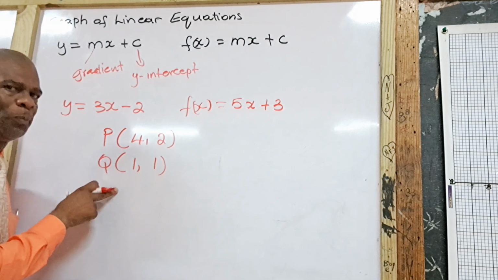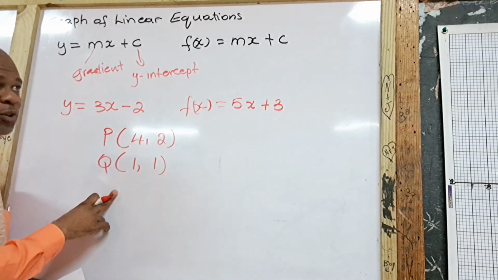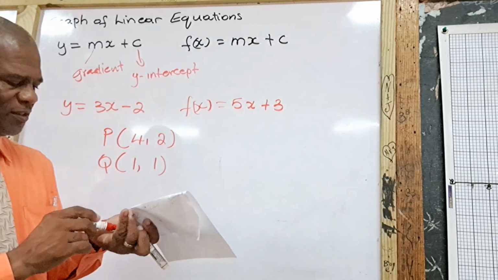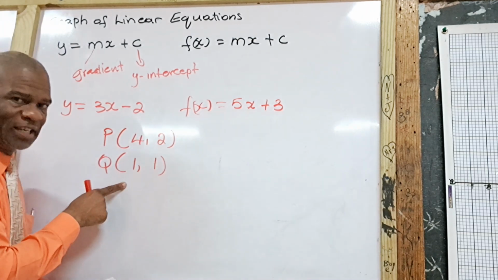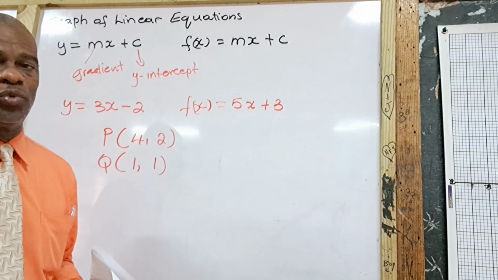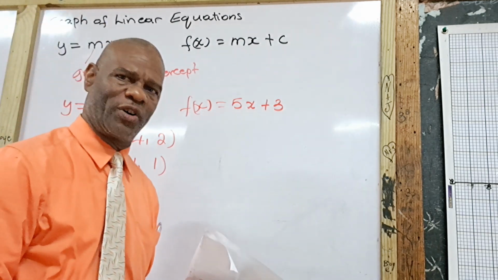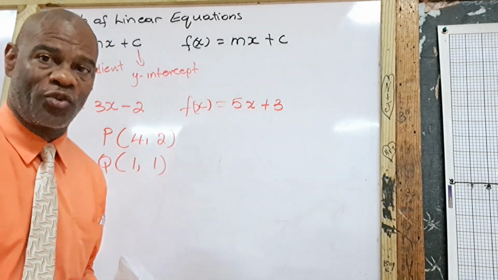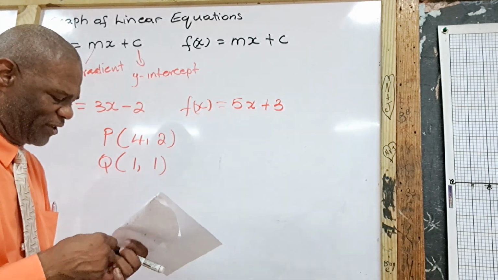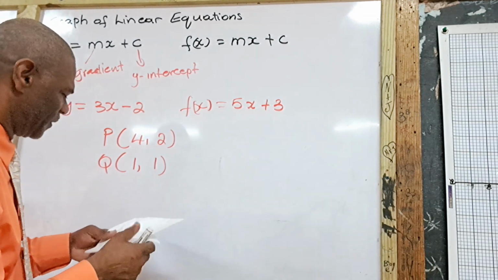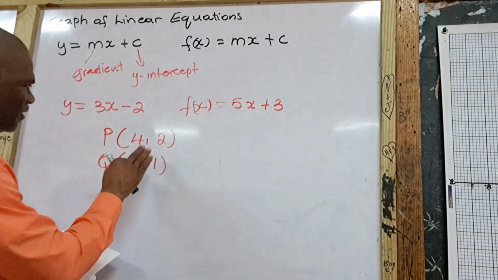Remember, a point is made up of 2 coordinates: the x coordinate and the y coordinate. Which coordinate do we write first? We write the x coordinate followed by the y coordinate.